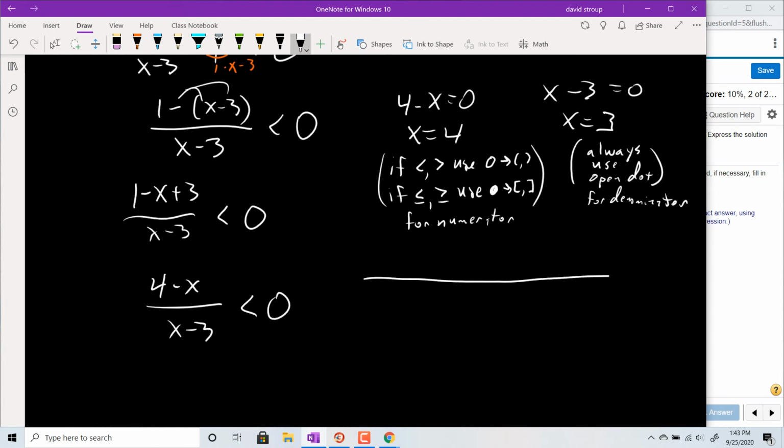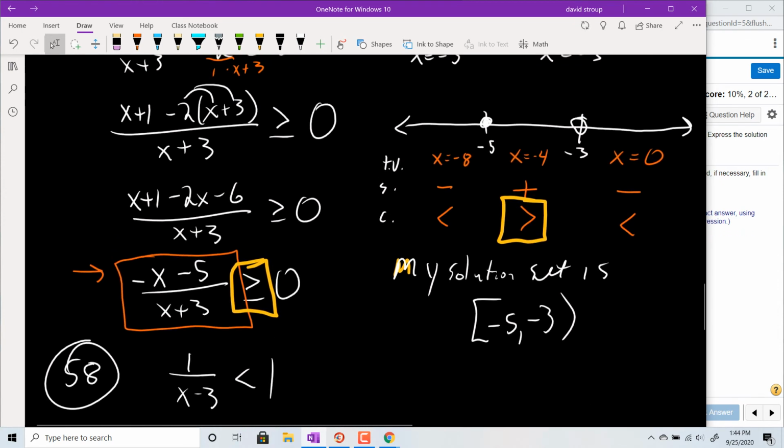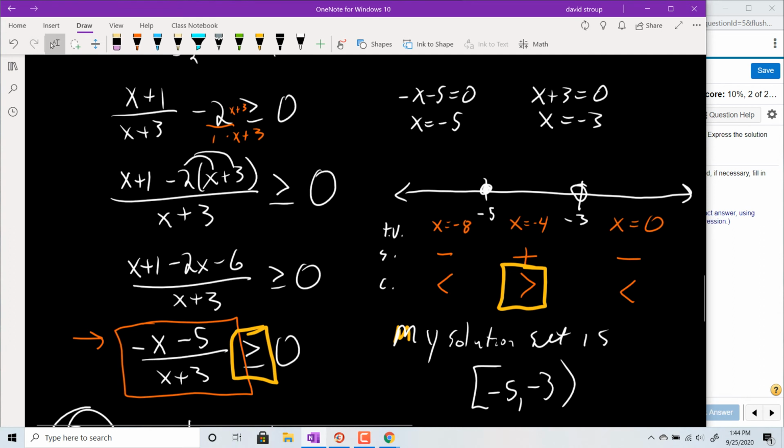So on our number line this time, both of them are going to end up getting open dots. So 3 is less than 4, so there's 3, there's 4. I'm going to use open dots, so both of them are going to have parentheses. So back up here, because of the inequality type, because we had that greater than or equal to, we use a closed dot for -5.